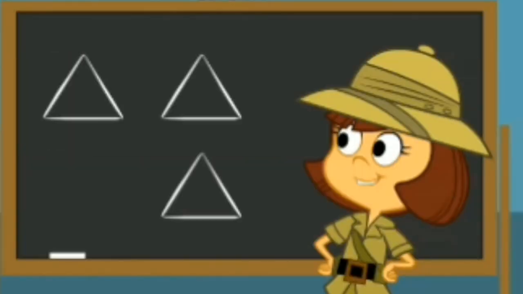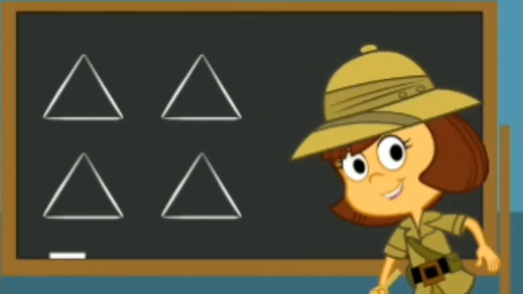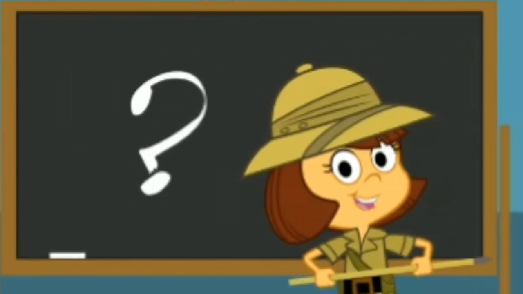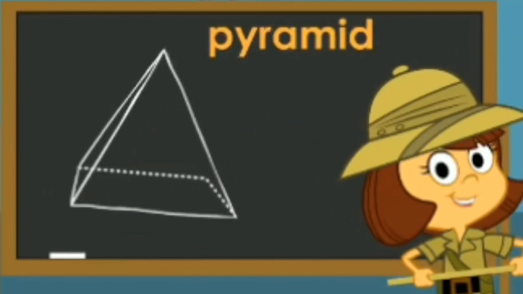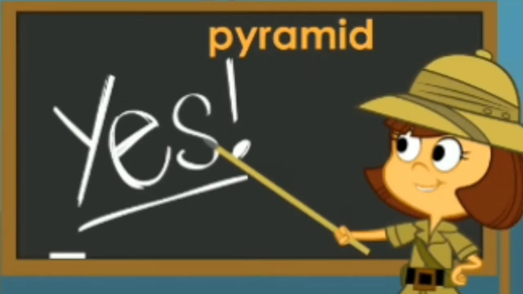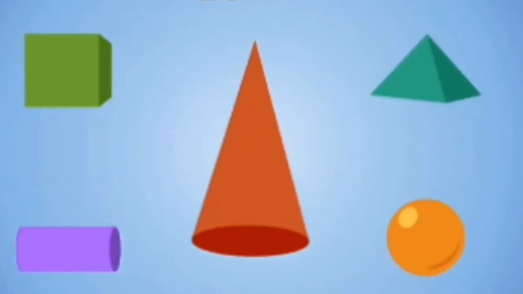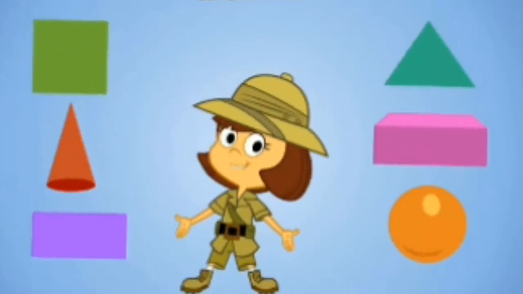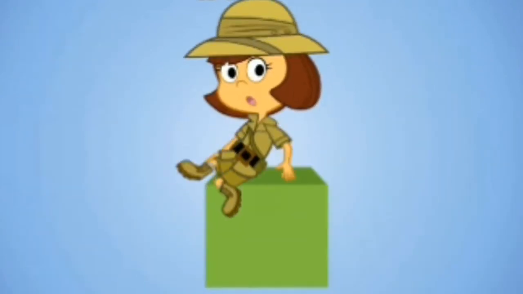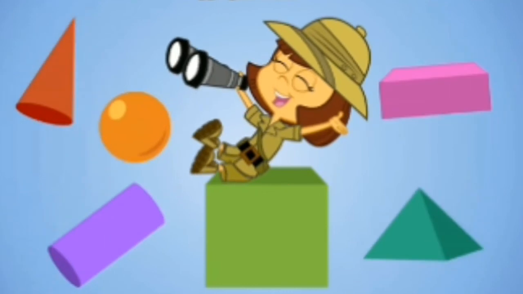What shape has 3 or more triangular sides and a point at the top? Can you guess? A base can be a square or a different shape. Say a pyramid and I'll say yes. Let's sing about three-dimensional shapes. No two look the same. We see these 6 shapes everywhere. Now you know them all by name.